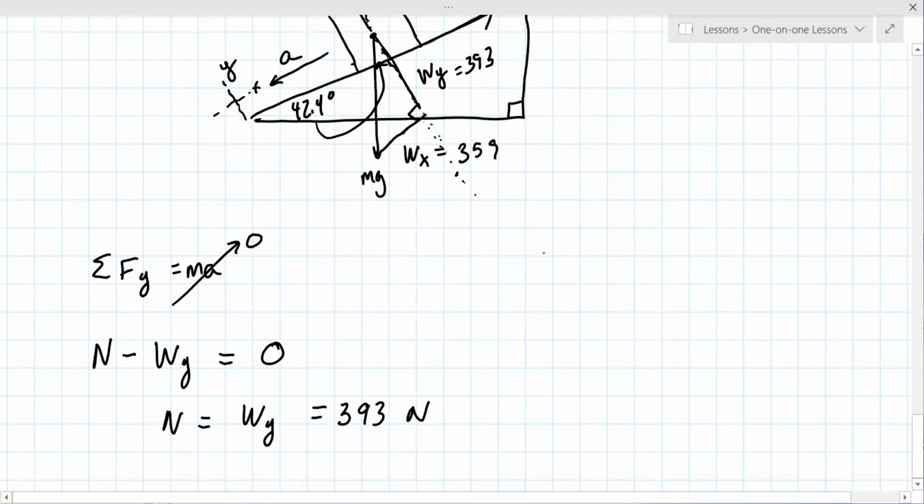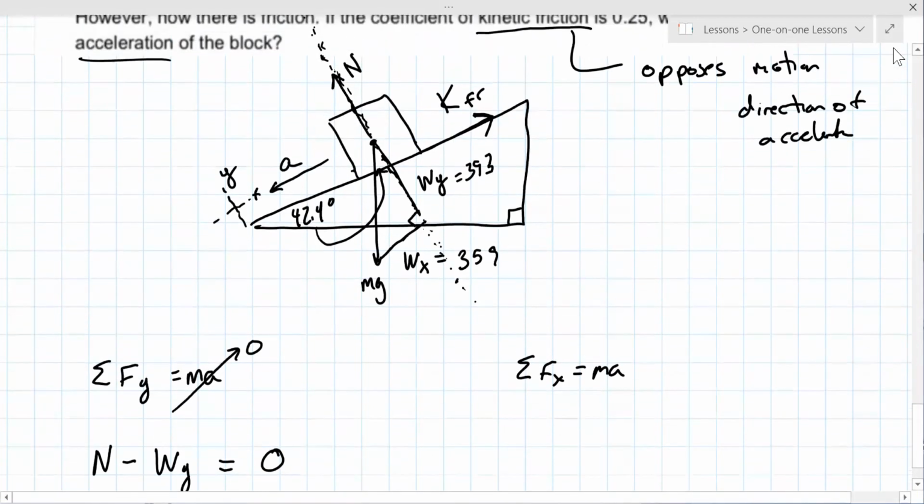Okay. Now let's go in the x direction. In the x direction, there's several forces here. Again, you want to choose the direction of motion as positive. So since it's going left, left is positive.